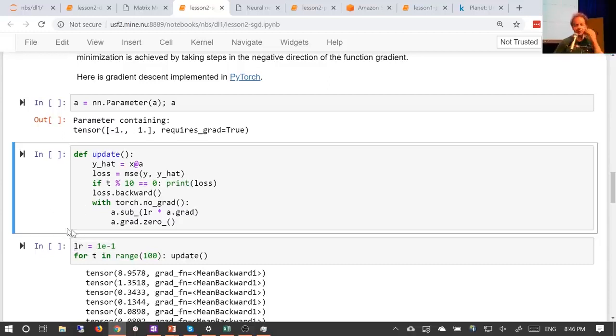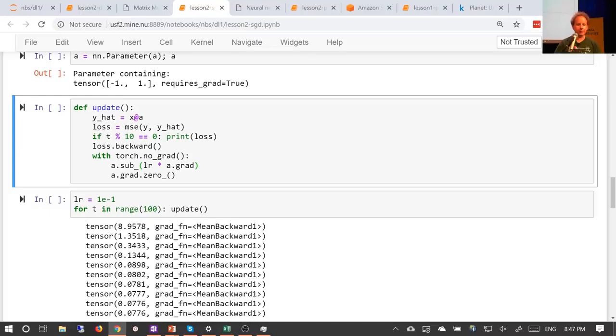There's a couple of other little minor issues that we don't need to talk about now, one involving zeroing out the gradients, another involving making sure that you turn gradient calculation off when you do the SGD update. If you're interested, we can discuss them on the forum. Or you can do our Introduction to Machine Learning course, which covers all the mechanics of this in more detail. But this is the basic idea.